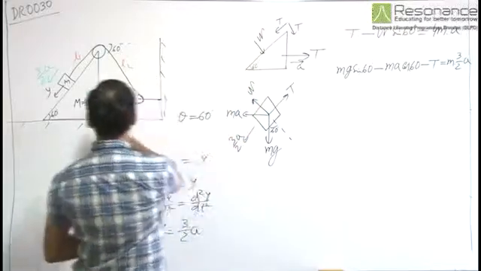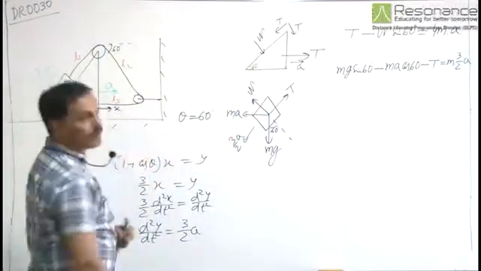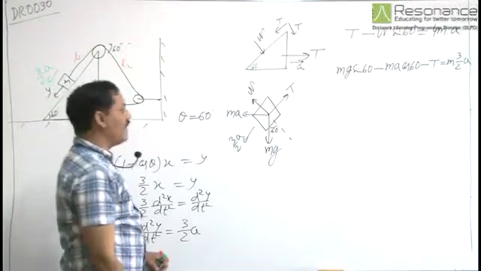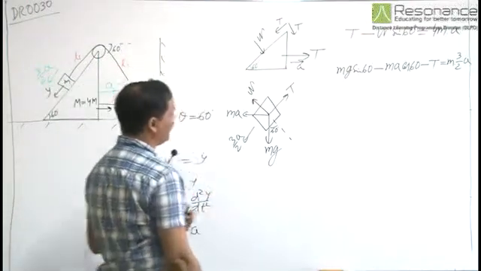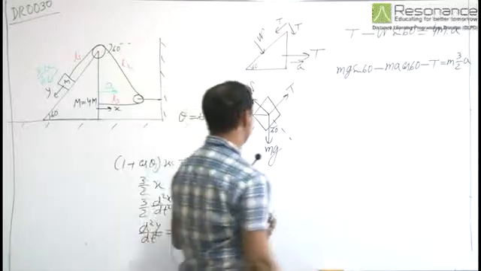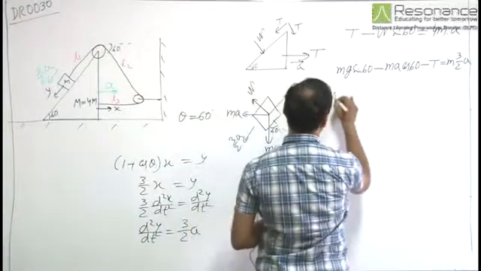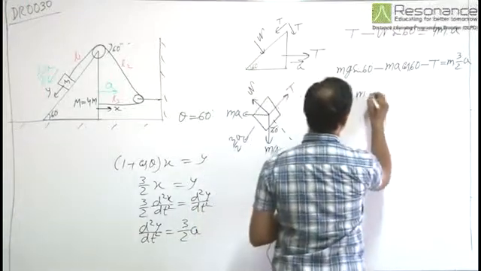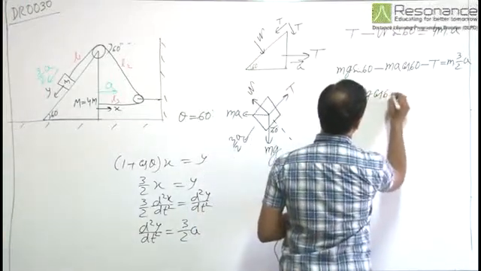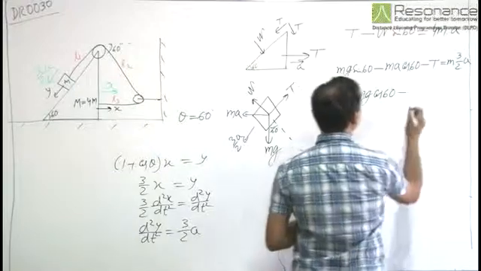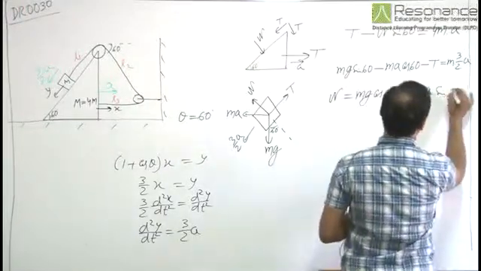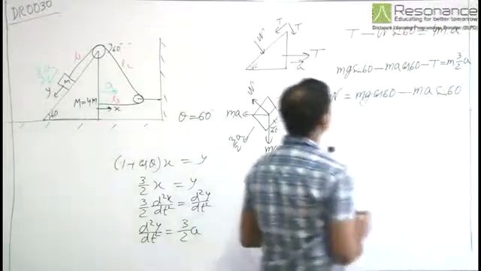and as with respect to the wedge there is no motion of the block perpendicular to the incline, so perpendicular to the incline the net force is 0. That is, we can write normal reaction N is equal to mg cos 60 minus ma sin 60.